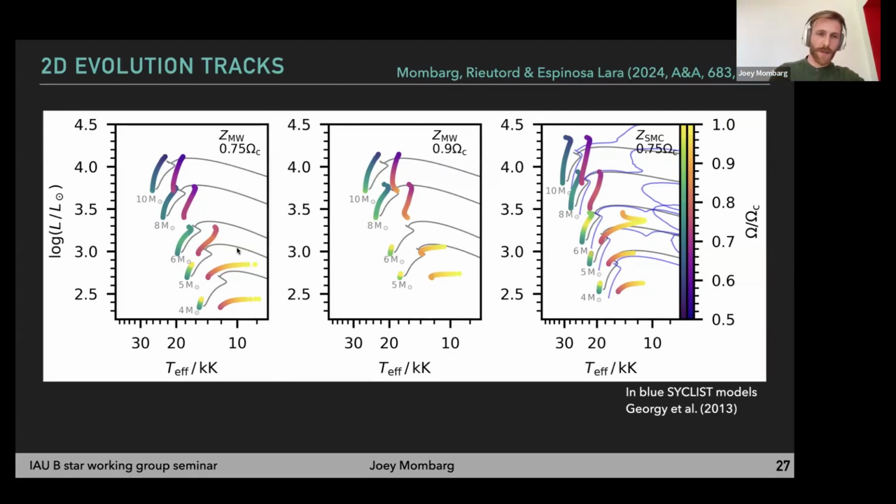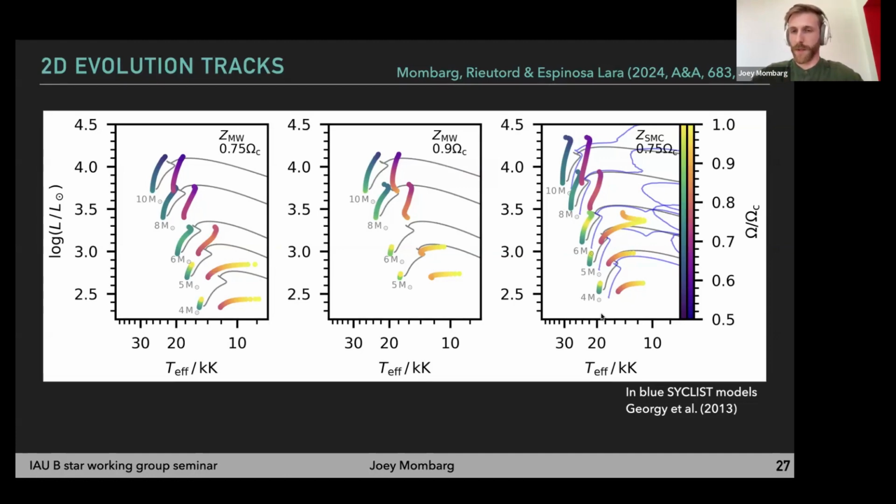As a comparison, I also show in gray non-rotating 1D MESA models, and in this panel in blue, the rotating Geneva tracks with the same initial rotation rate.